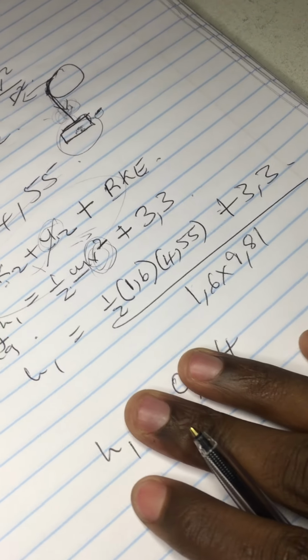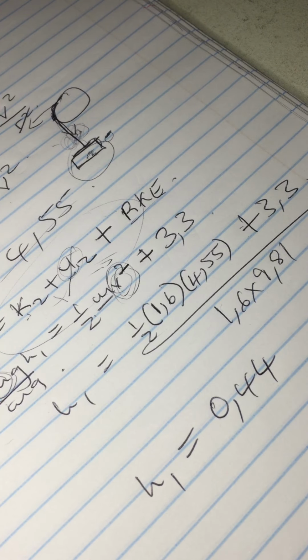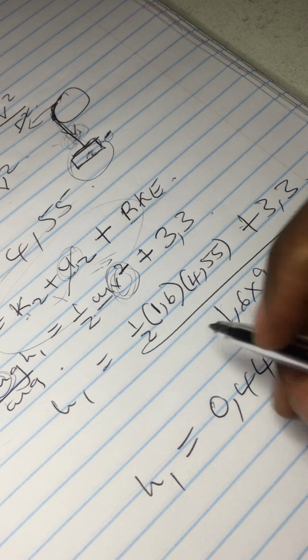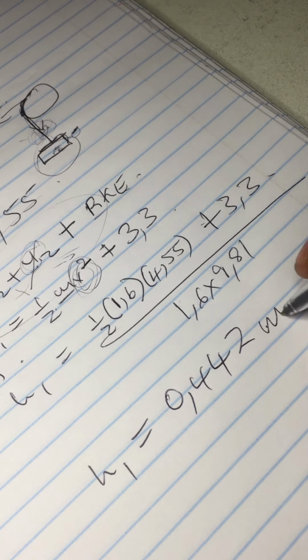0.442. But then you will have to round off to how many significant figures. I think it's supposed to be 2 significant figures. Let me just check what values we have. We have 3 significant figures, 3 significant figures. It's actually supposed to be 3 significant figures. So that's going to be 0.442. That's your solution there, and it's in meters.